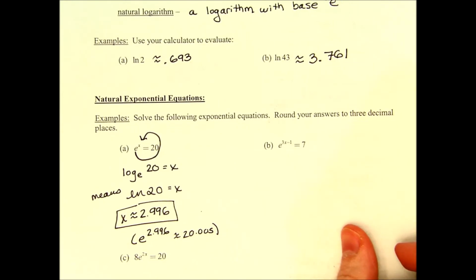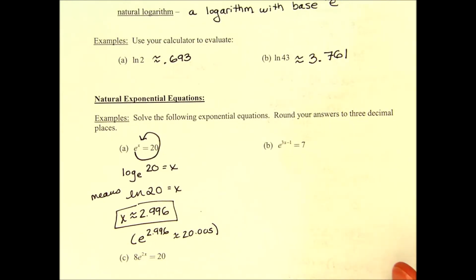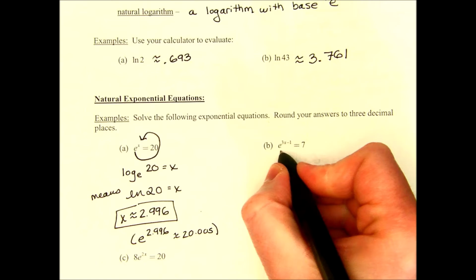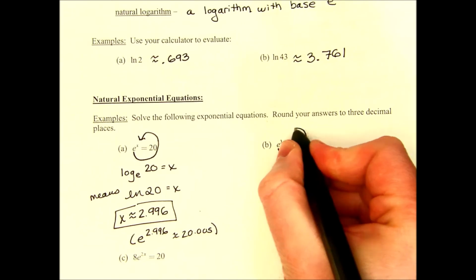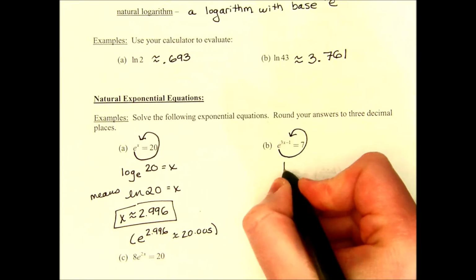We're going to rewrite these problems in log form, but then if our log is a log with base e, I can just use these natural logs to solve. In letter B, I'm going to say log base e of 7 equals 3x minus 1.